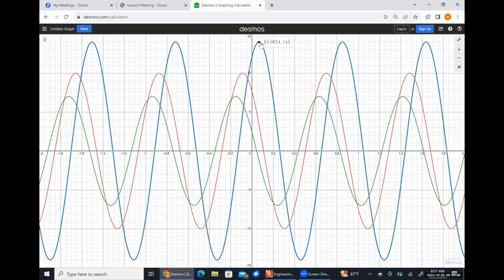If we compare this peak to this peak over here, the blue signal is leading. But realistically, we want to compare the peaks that are closer together, because we could always make the argument, oh, well, this blue signal right here is lagging this green signal by some amount of degrees.